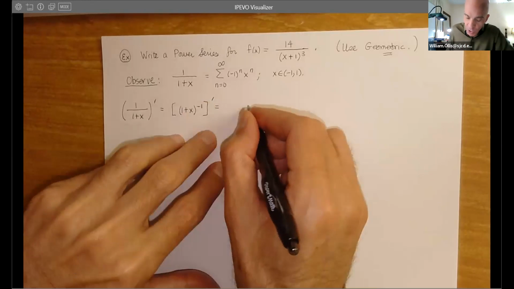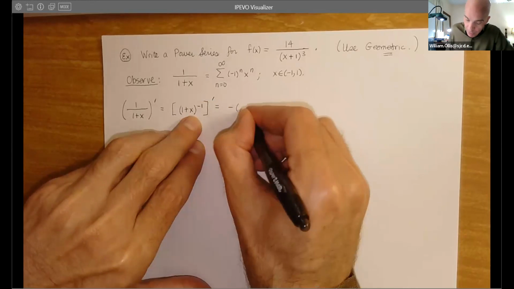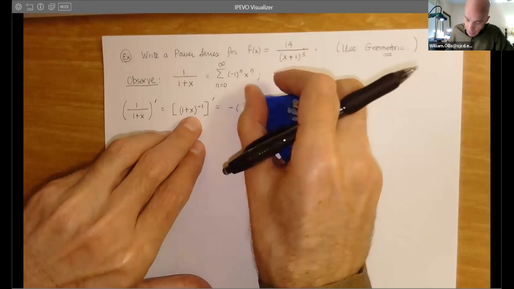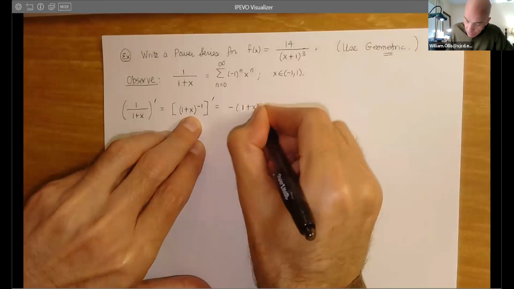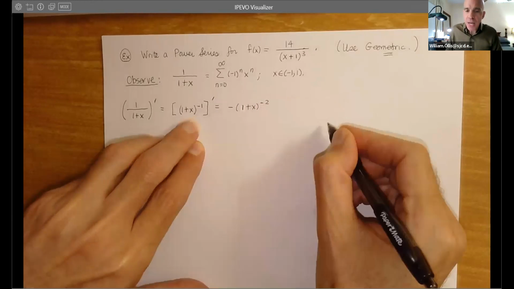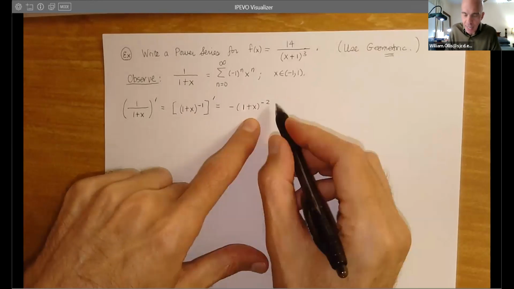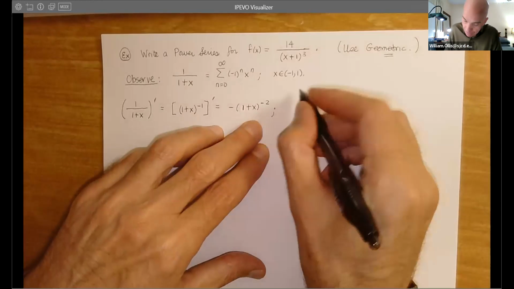So when we differentiate this, we get a -1. Well, let me write that as a 1 plus x to the -2, okay? So now when we look at that, we're like, okay, well, that's going in the right direction. We need a -3. So let's try it one more time.